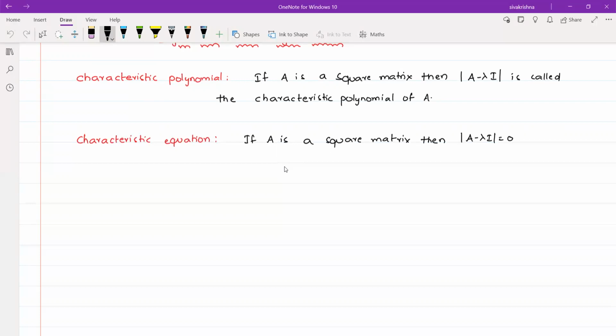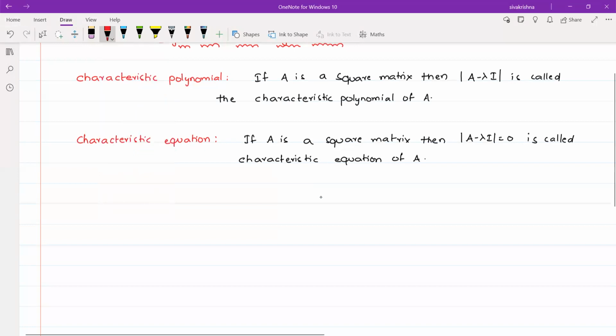So det of A minus lambda I equal to 0 is called the characteristic equation of capital A.